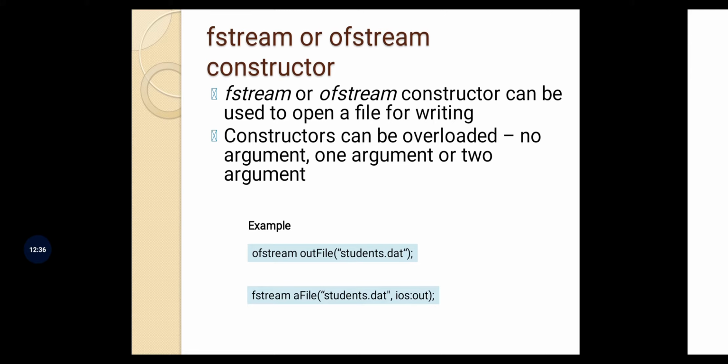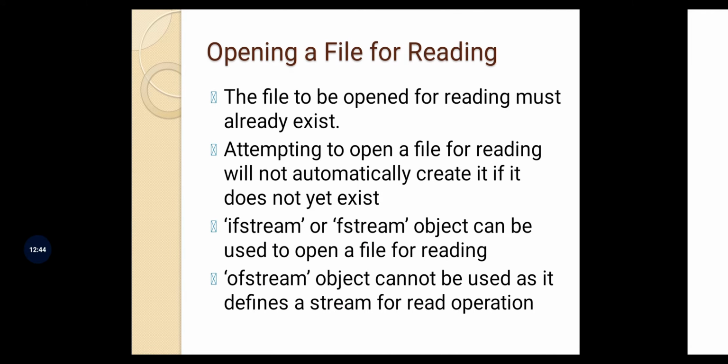Okay, so let's see the different classes that are involved when we want to read from a file, right? If we need to open a file for reading, then the important thing is the file must already exist. Now, in the case of writing, if the file does not exist, a new file with the name will automatically be created, but not in this case, right?